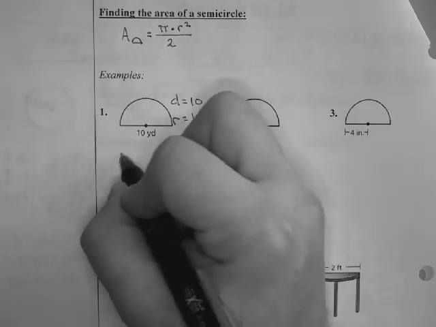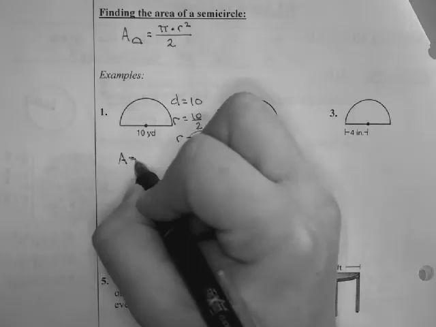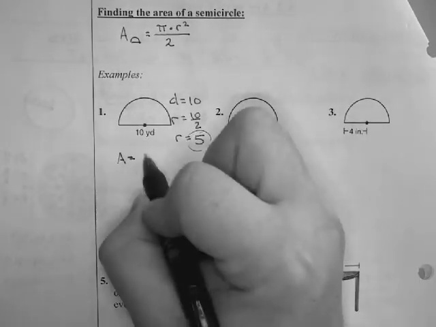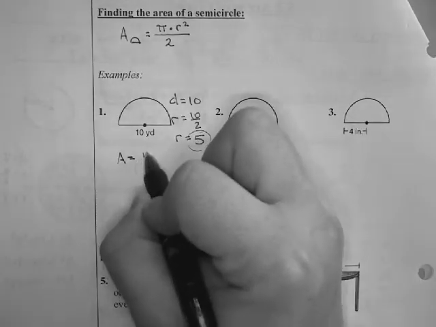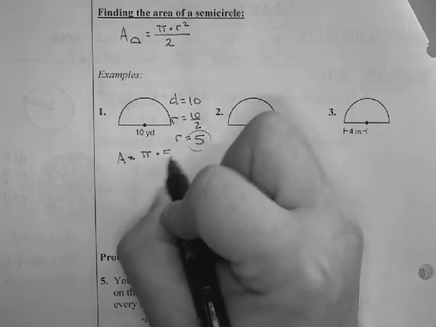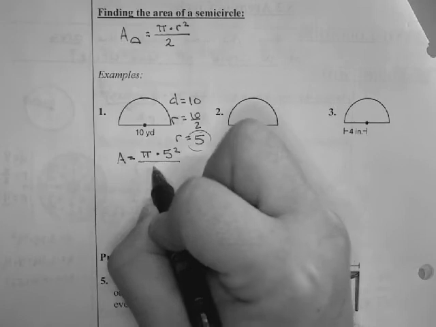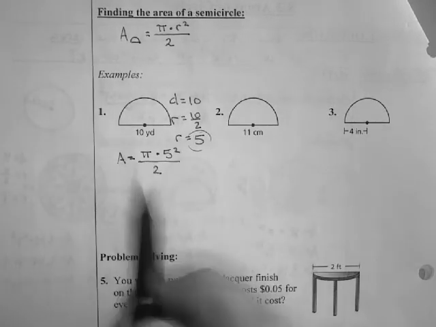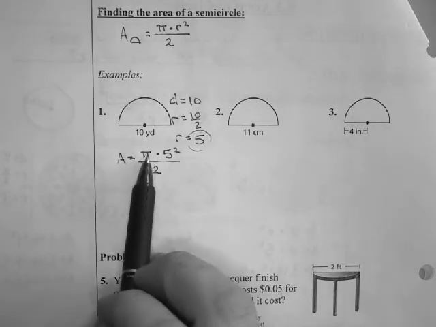So we know that area of a semicircle is equal to pi times 5 to the second power over 2. So I'll change the pi out for our 3.14.